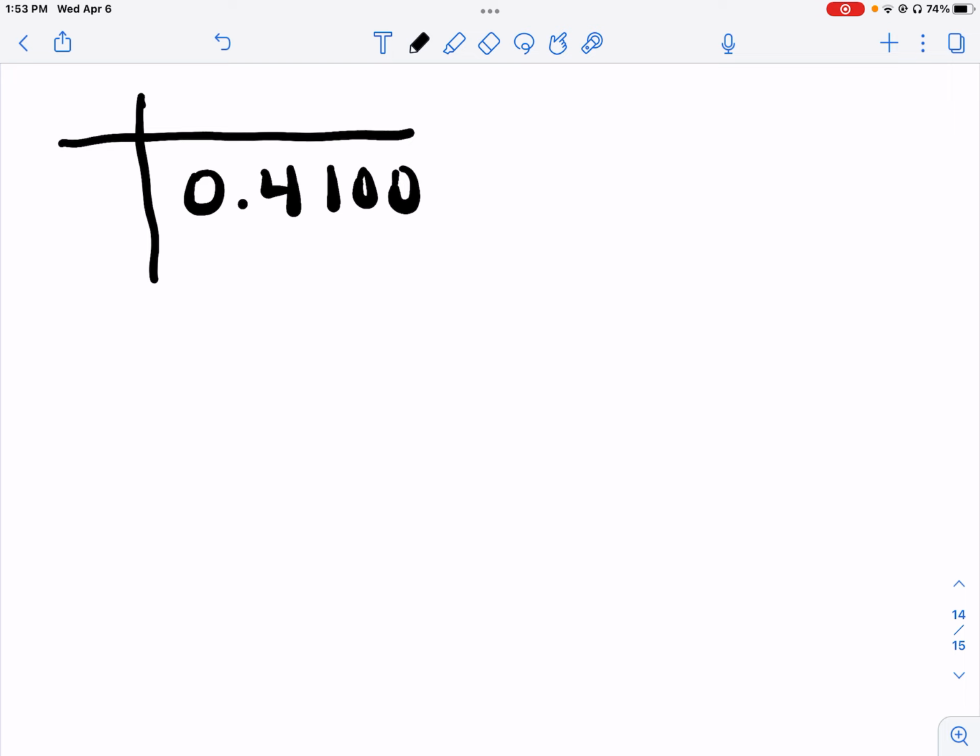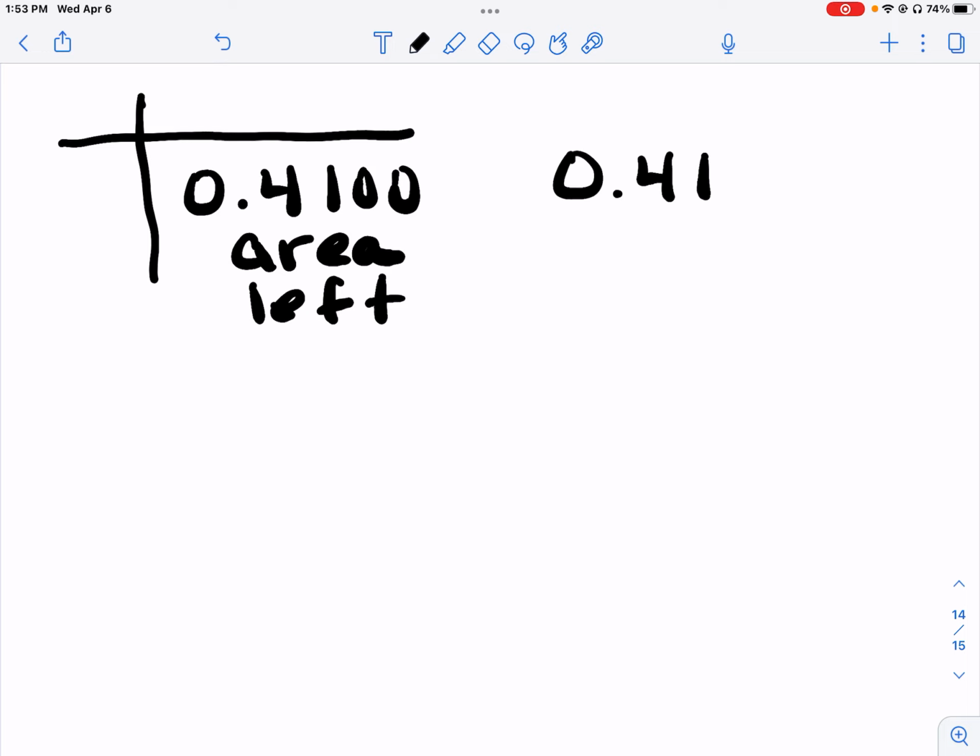We're trying to find z. We have the area to the left. So we need to find as close as we can to 0.41. It's in between those two.